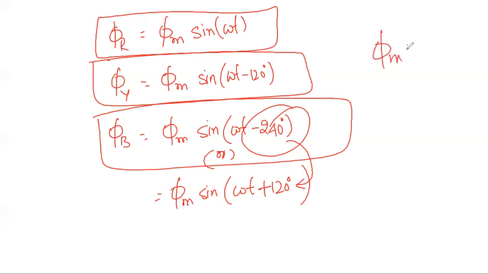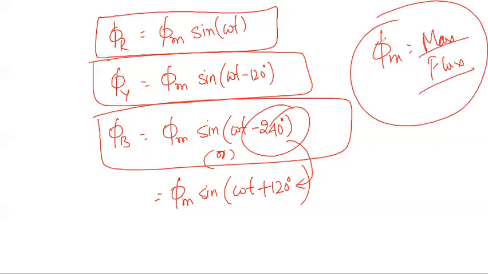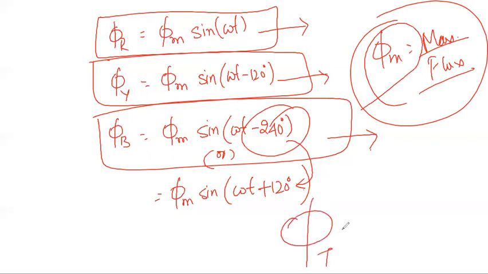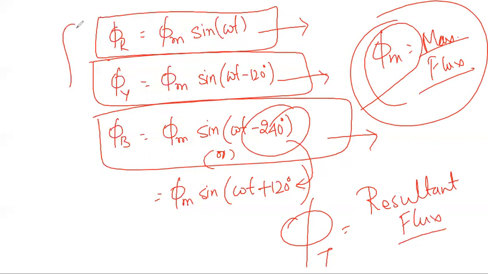Phi m is the maximum value of the flux that is being present there. So it reaches the maximum value at each and every instant that is being present there for the respective phases. So this is the maximum value of the flux, but I need the resultant flux which is being present there. So phi t is said to be the resultant flux that is being present there due to all the 3 phases which are being mentioned.